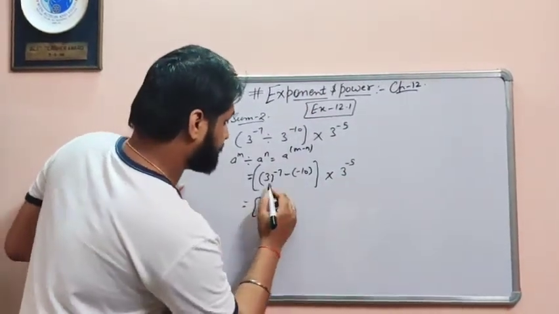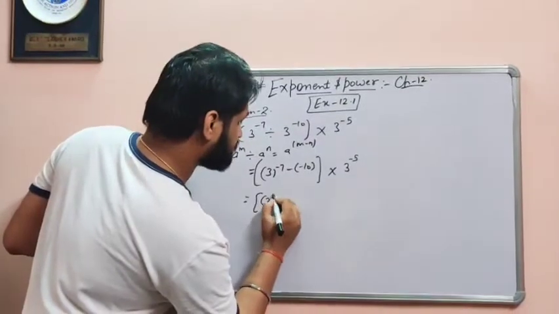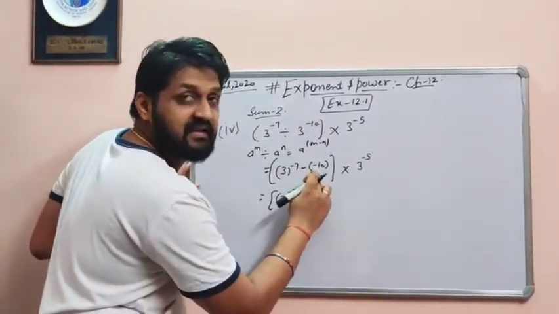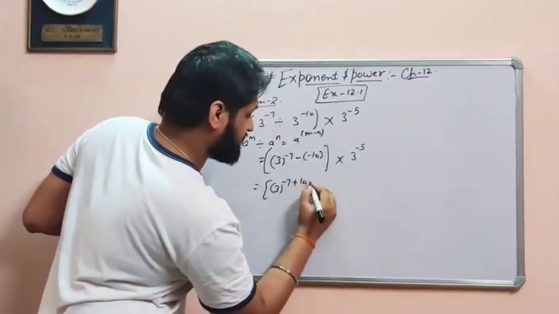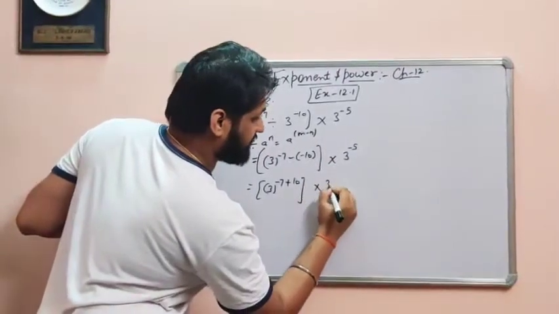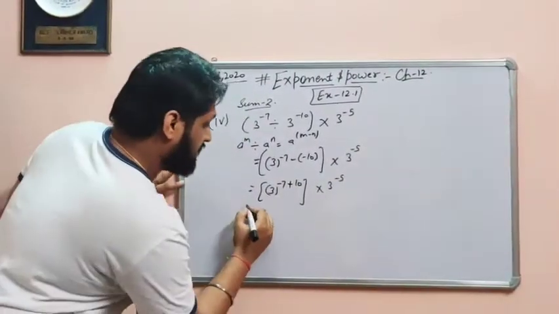Now that is 3 raised to the power minus 7, and minus minus is plus, that is 10, and multiply 3 raised to the power minus 5.